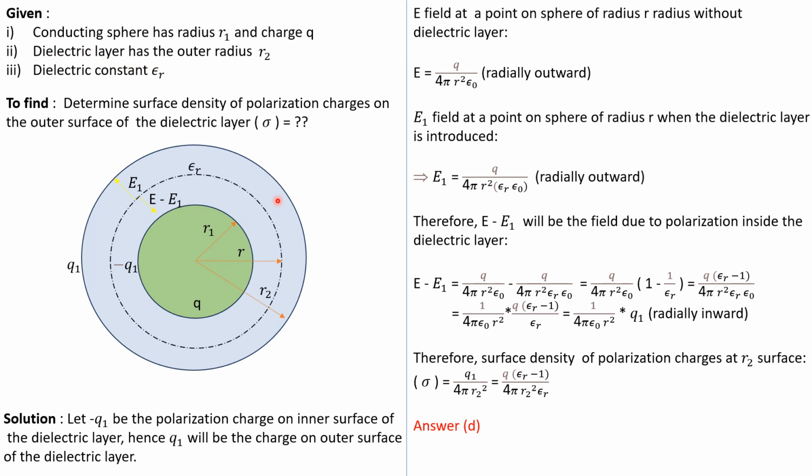The dielectric layer has the outer radius r2. The dielectric layer has been shown in blue-gray color, and r2 is its outer radius. The dielectric constant is epsilon r for the dielectric.